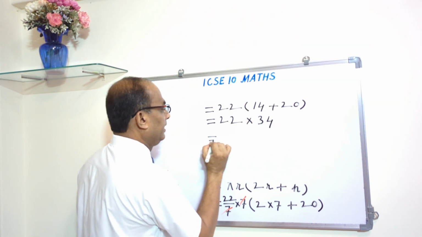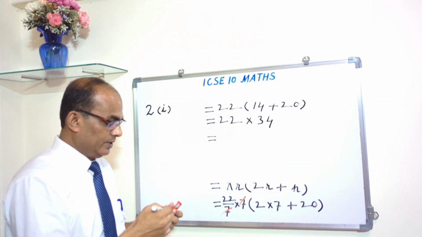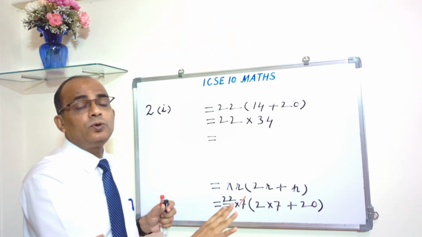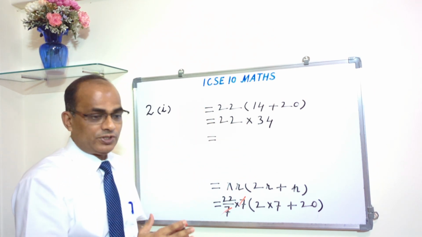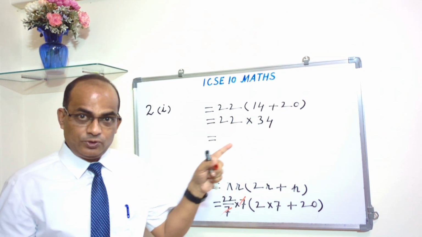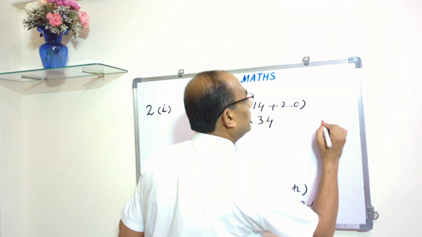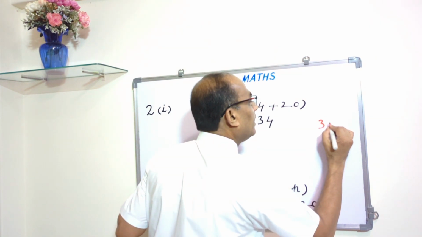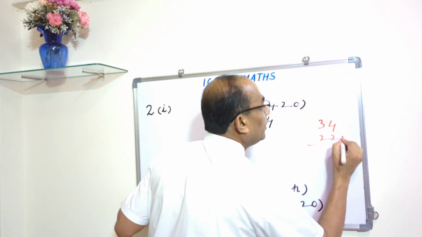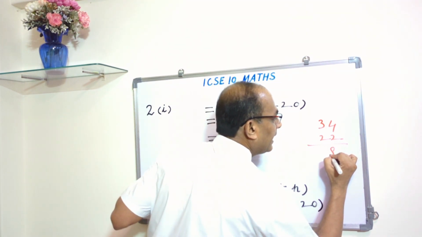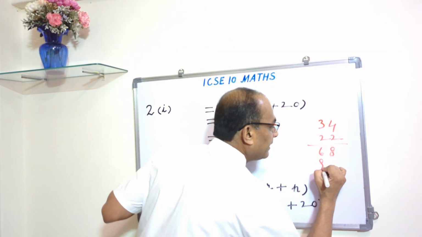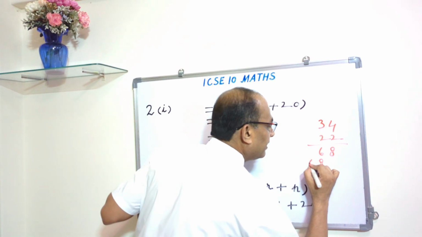Now if you multiply, you cannot do this orally, you have to do some working, so that working you show. The working should be a part of the solution. Alright, so show the working. I know the answer, I have done the calculation, but I am showing you the multiplication. 34 multiplied by 22. 2 4s are 8, 2 3s are 6, again 2 4s are 8, 2 3s are 6.